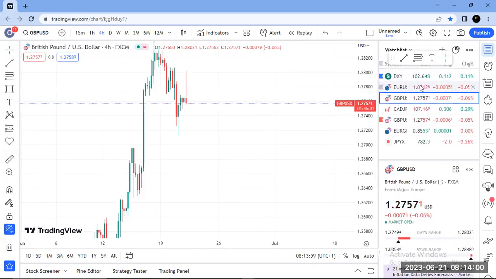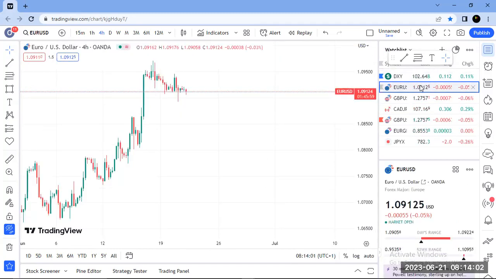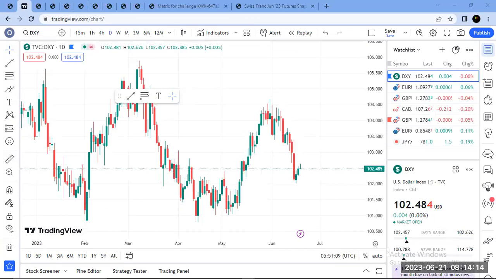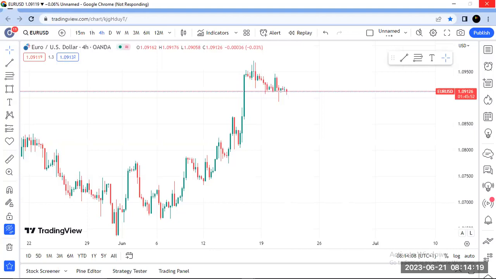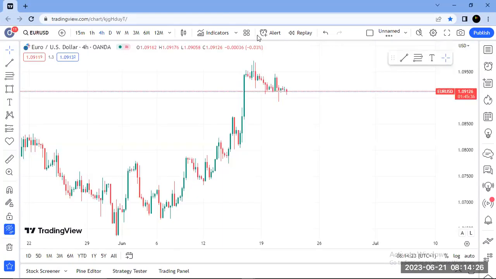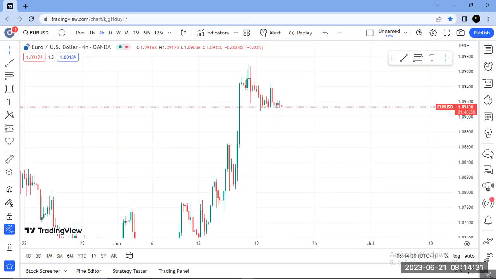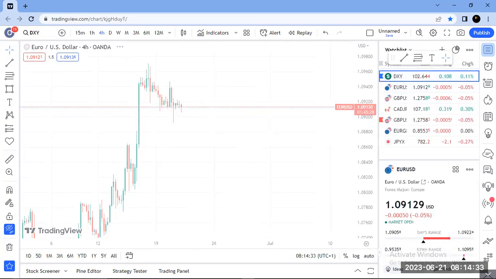So I want us to focus on the Euro USD and the CAD JPY. So first of all, let's look at the dollar index.